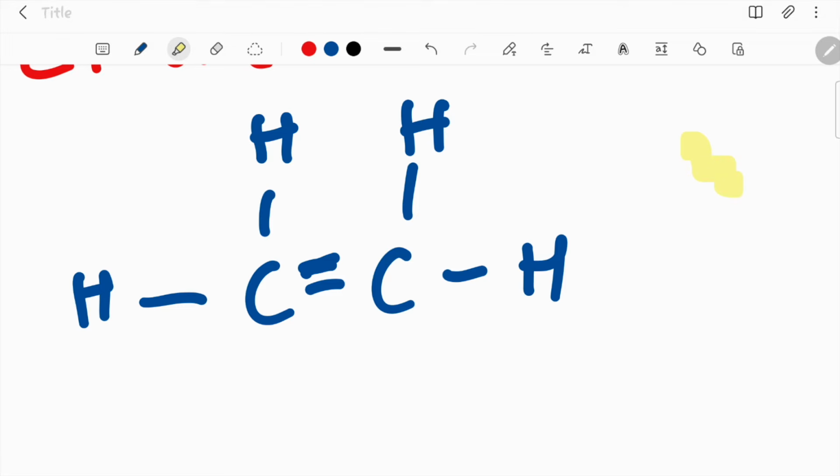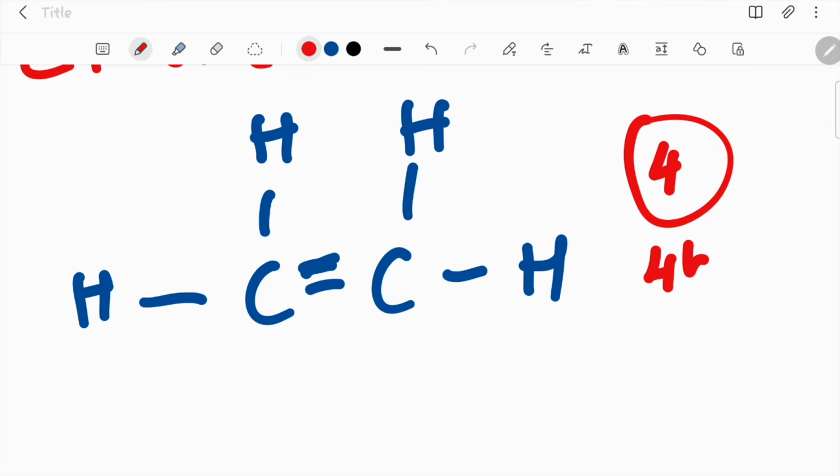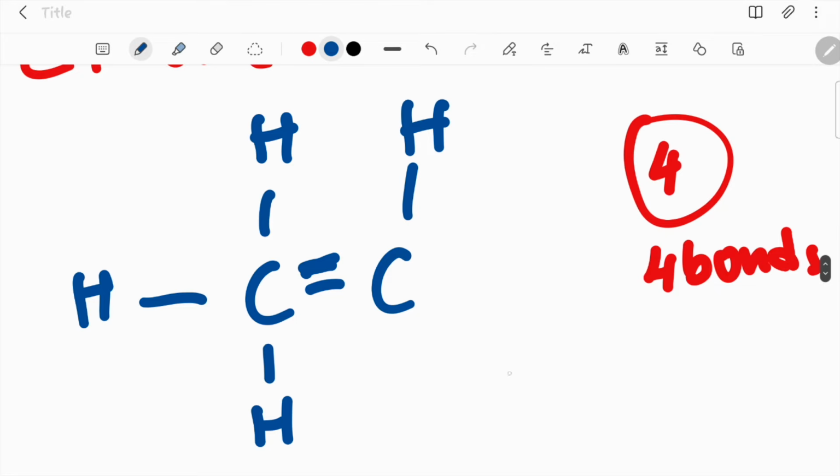Every carbon can only be surrounded by 4 valences, or 4 bonds. That's why you cannot have a hydrogen, for example, here. That will be incorrect. The hydrogen must be here, and let me tell you why.